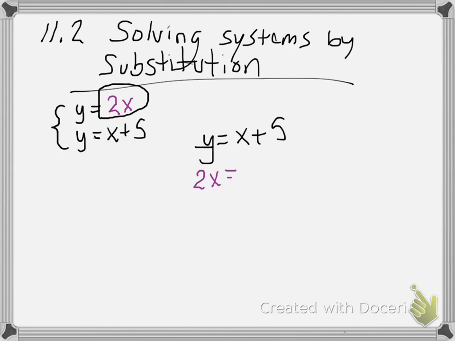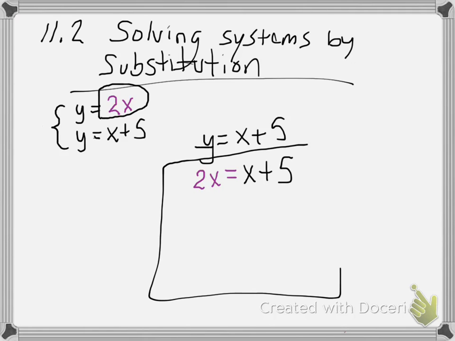So what I'm doing is combining both of these equations and trying to write a new equation with only one variable. So here's my new equation, and now it only has one variable. I'm able to solve it.